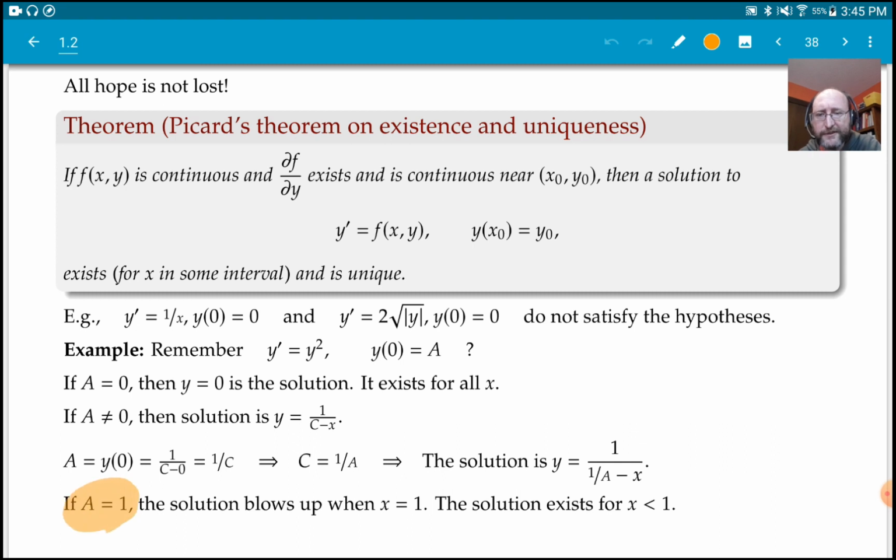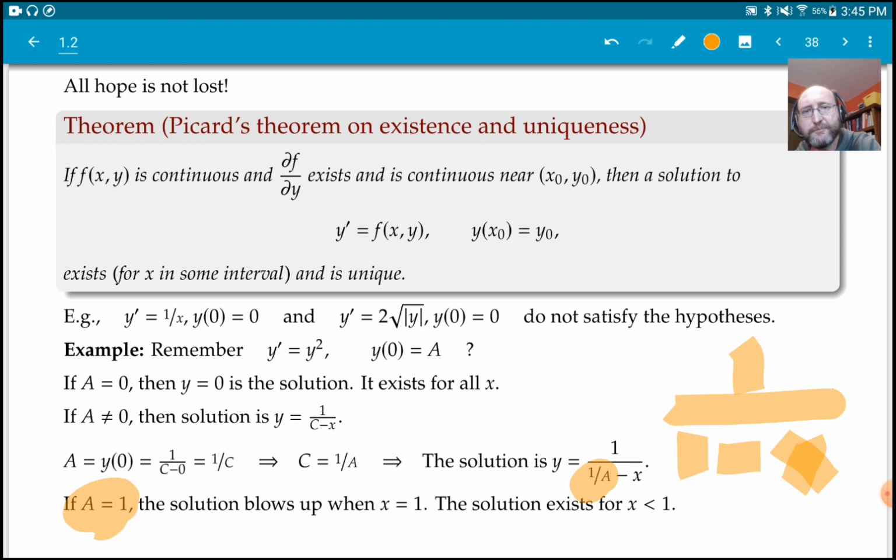For example, if a is 1, it blows up when x is 1, because then 1 over a is 1, so the solution is 1 over 1 minus x, and that blows up when x is 1. So the solution only exists for x less than 1. You can't say it's going to exist for all x.